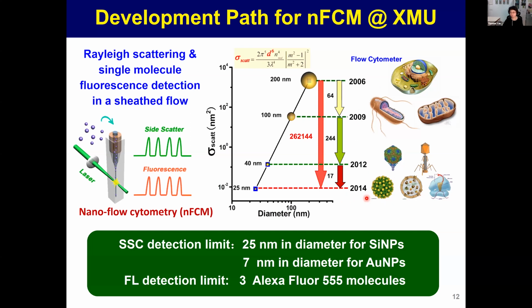In 2014, we reported the detection of single silicon nanoparticles of 25 nanometer. And for gold nanoparticles, because of the plasmon resonance effect, we can detect 7 nanometer gold. And the detection limit for fluorescence is about 3 fluorescein molecules.